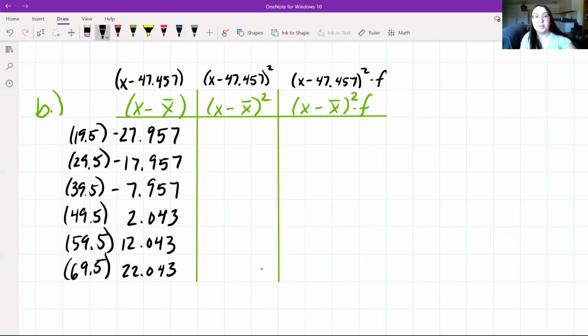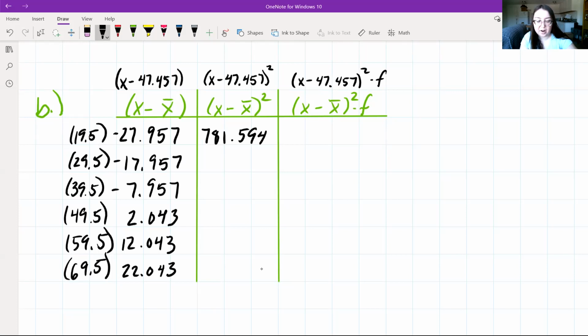For our second column, we're just going to be squaring these numbers. So in our first column, we'll take 27.957 and we'll square it. We end up getting 781.594.